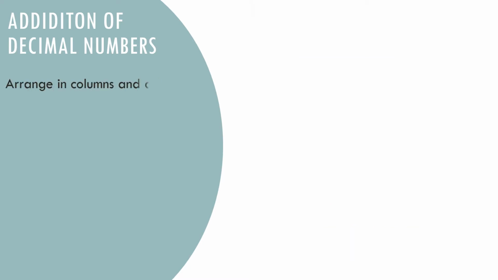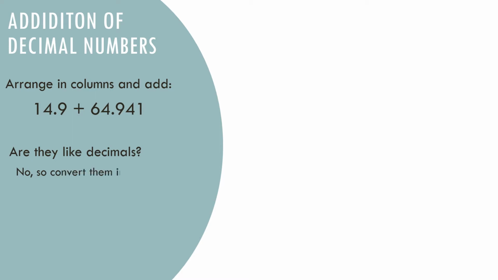Let us solve one more question. 14.9 and 64.941. Are they like decimals? No. So convert them into like decimals. See, in 64.941, the maximum number of digits after the decimal is 3.